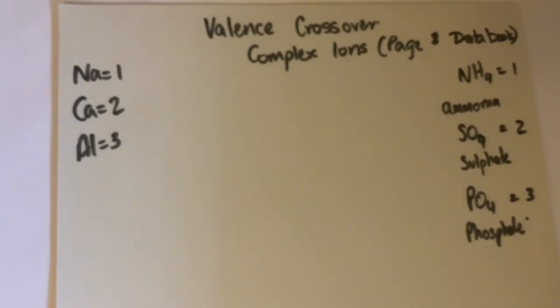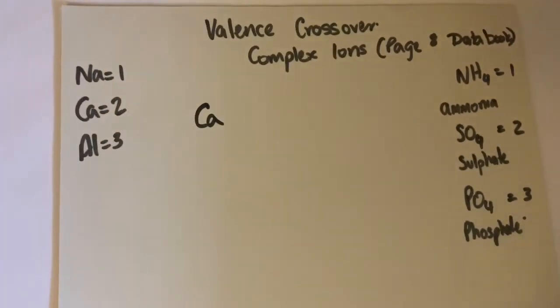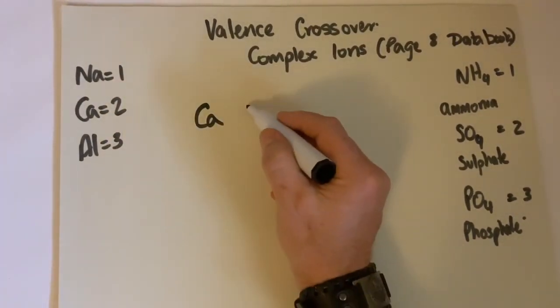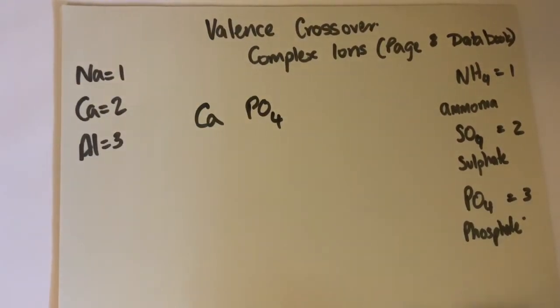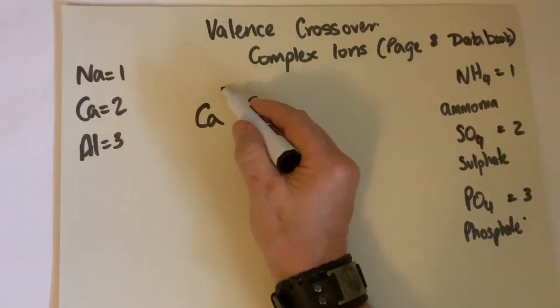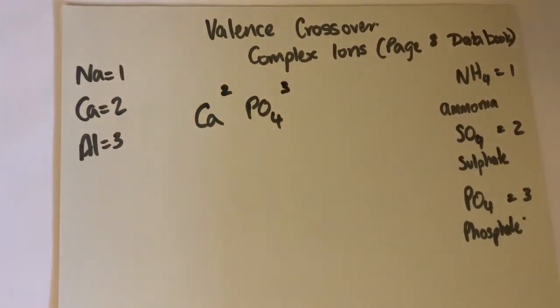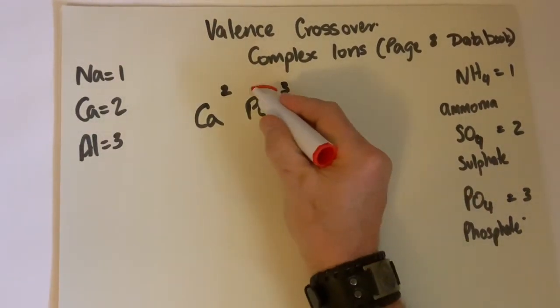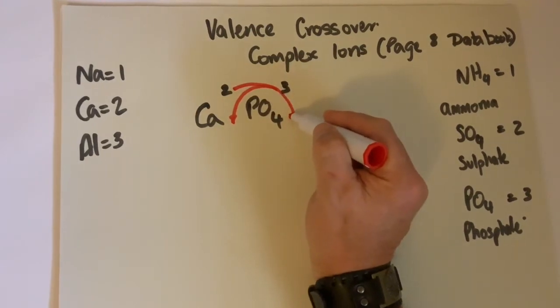So if we decided we wanted to look at calcium phosphate, right? We'd take calcium, we'd take the phosphate, we would put in their valence number, calcium being 2, phosphate being 3, and do the same, we would cross over. So the 3 comes down here, the 2 down here.